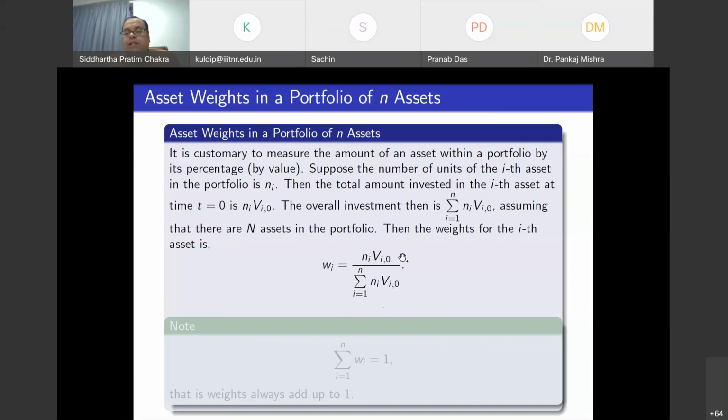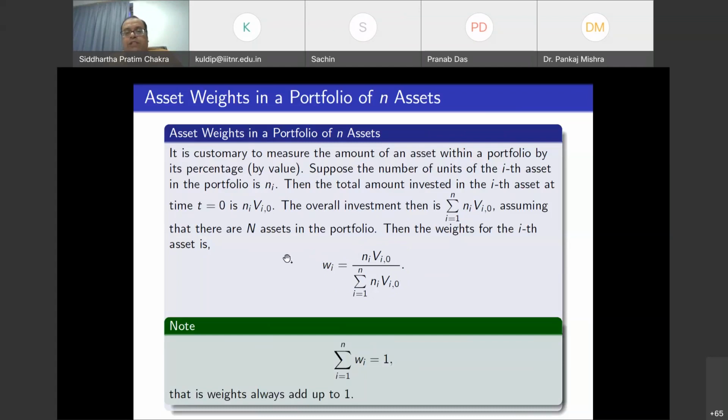So investment in only the ith asset divided by the total investment gives you the fraction of money invested in the ith asset as compared to the total amount of money invested in the whole portfolio. That is what is known as the weight of the ith asset.